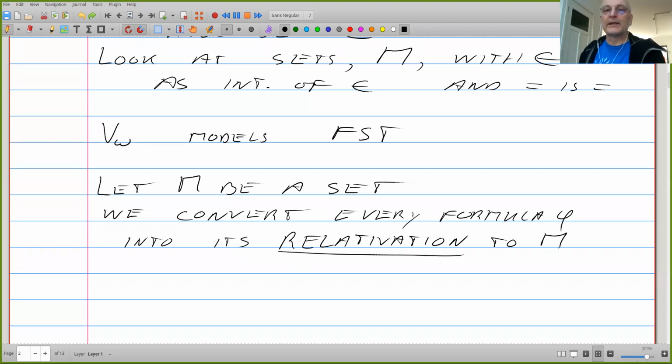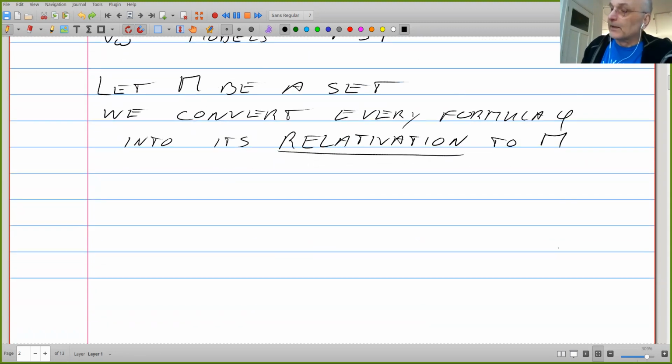What we're basically doing, in terms of model theory, is interpreting the predicates. Well, the predicates are the element of and the equality relation. And how do we write the relativization? We simply hang an M on the whole formula.